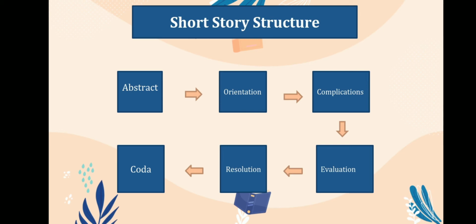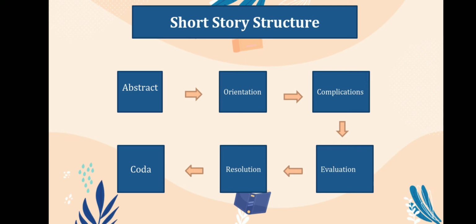Resolution. Resolution is the final part of the problem that occurs in the short story. In this section, it is explained by the author the resolution to the problem experienced by the character.